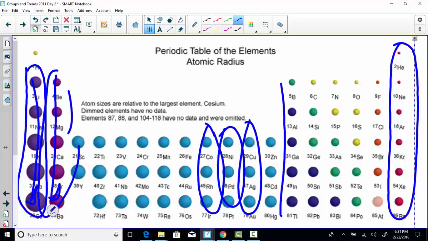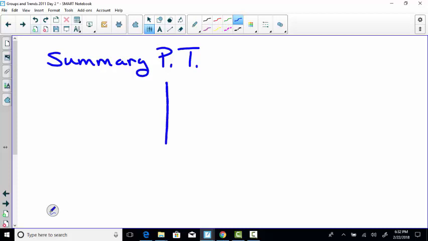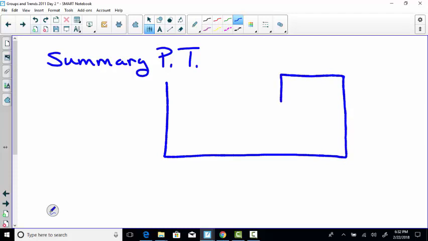Okay, one last thing before we go. So you're going to make a summary periodic table. Now, in this summary periodic table, what you want to do, and you maybe want to watch me make this first, is you're going to sketch out a good rough sketch of a periodic table. Okay, so this is my rough periodic table.